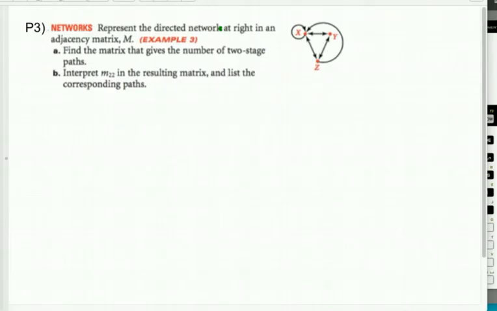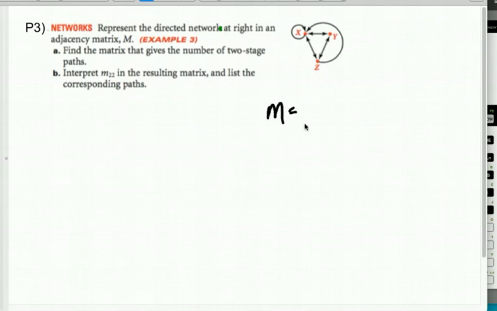So walk through P3. We're going to start with making a matrix that represents the directed network for this picture. So we're doing an adjacency matrix.